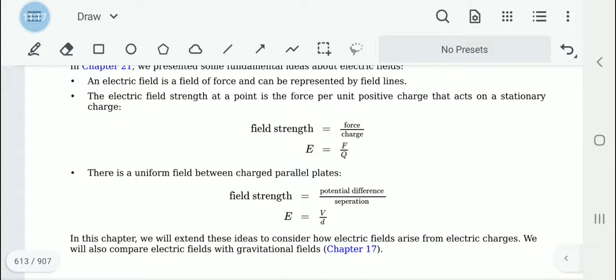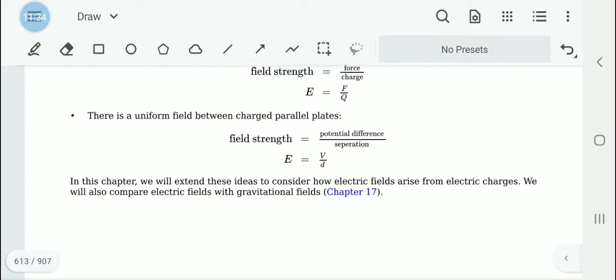And when a unit positive charge is placed in it, the force that acts on it is the electric field strength.